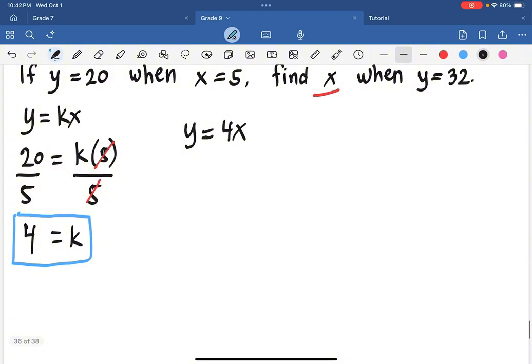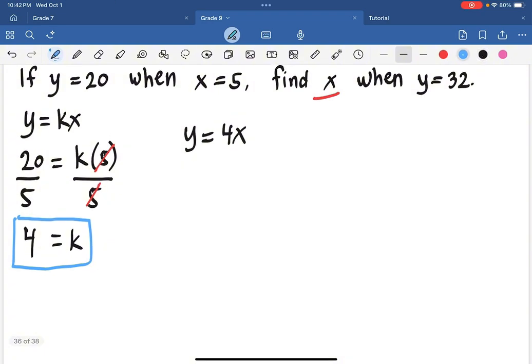Now given this, as you can see, we have here a second statement of the problem in which the new value of y is 32. So instead of using the original 20 here, we should use the value of 32 for y.